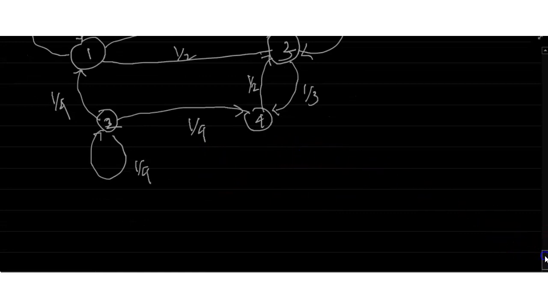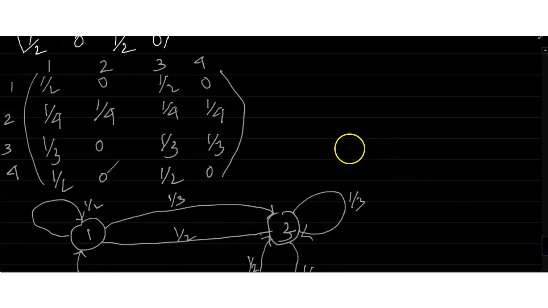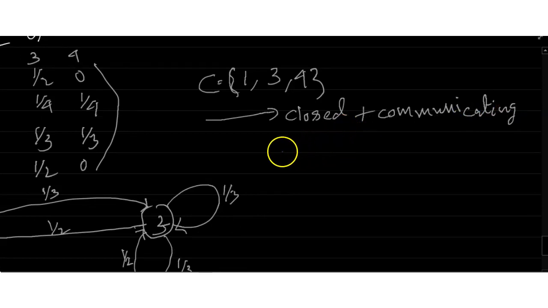I hope this clears the total concept. Now our C is equal to 1, 3, 4, closed plus communicating. So friends, this is reducible.